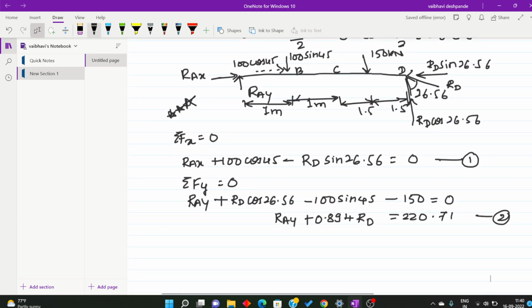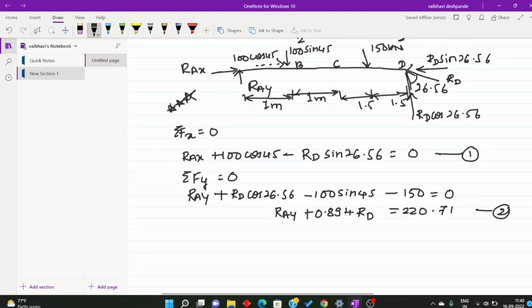Now we have to take moments and simplify the equations. Let us take moment about A. First, the moment of the 100 sine 45, which is causing a clockwise moment, acting at a distance of 1 meter. Then 150 kilonewton, also causing a clockwise moment, acting at a distance of 3.5 meters, that is 1 plus 1 plus 1.5.